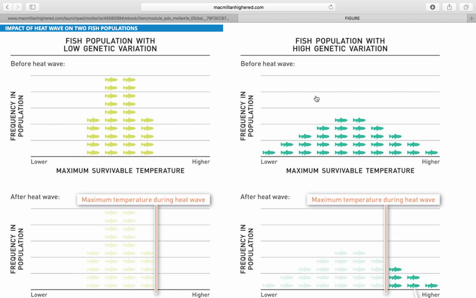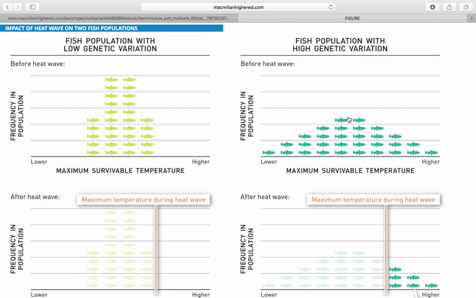Over here we're comparing this as an opposing example to a fish population that has high genetic variation. So again, we're looking at the same type of graph, how many fish on the y-axis, and on the x-axis the temperature, lower towards the left and higher temperatures towards the right.